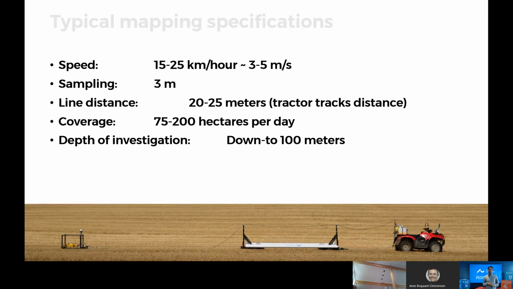But if you have rough terrain or a gravel road that is not very smooth, then we recommend running 10 to 15 kilometers per hour in order to not damage the system. How often do you record the data? The sampling here is written as 3 meters. That means you can record one sounding or one measurement every 3 meters.